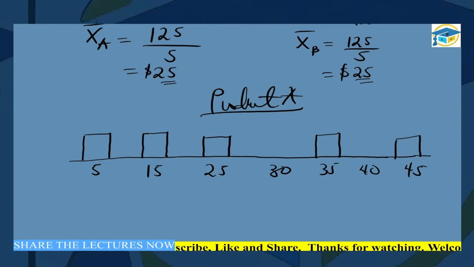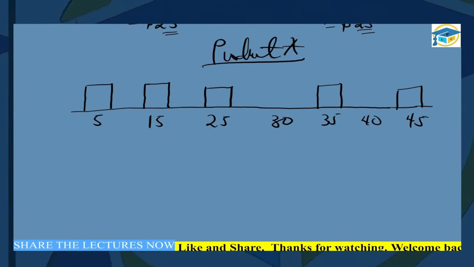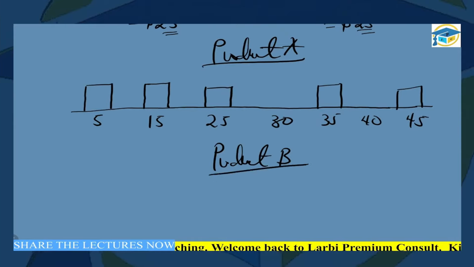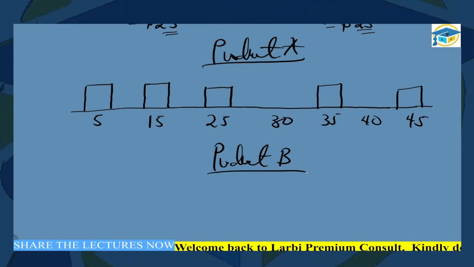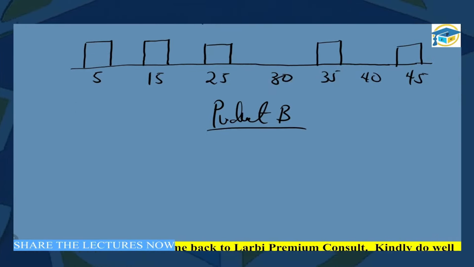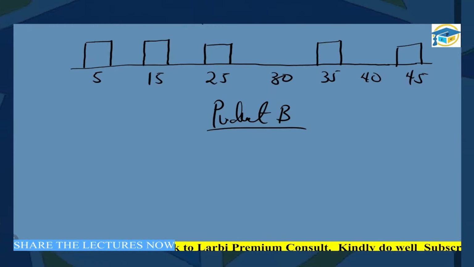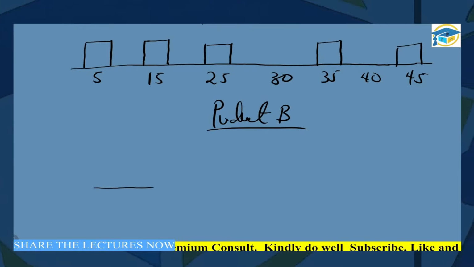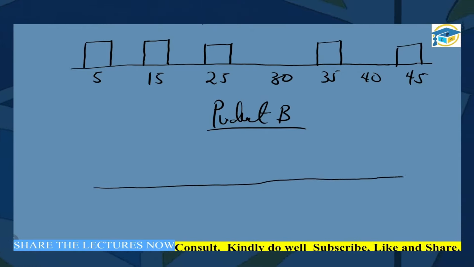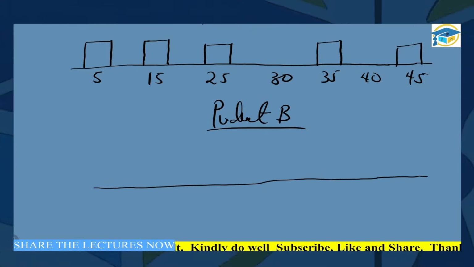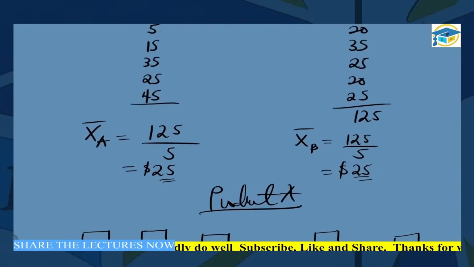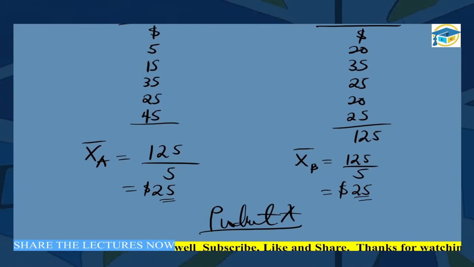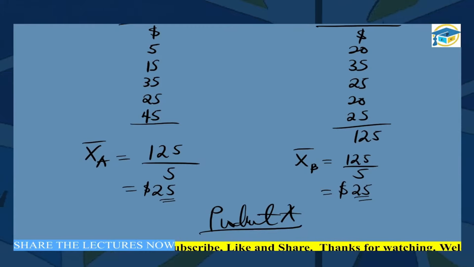All right. How about product B? Using the same illustration, here is what can happen. For product B, let's say we have 20, 35, 25, 20.